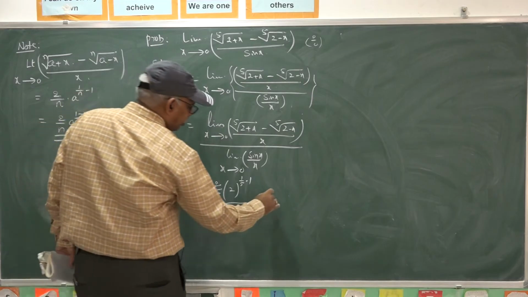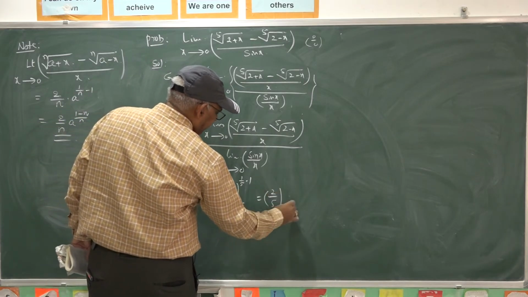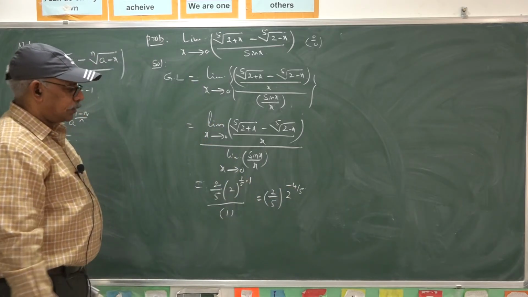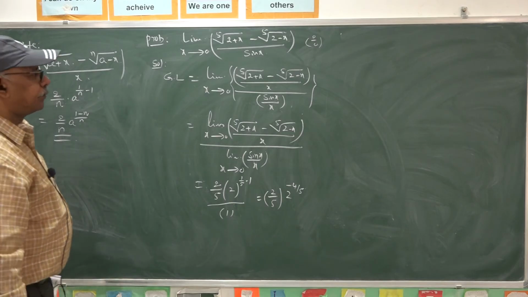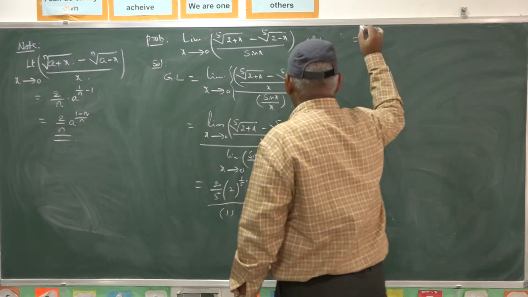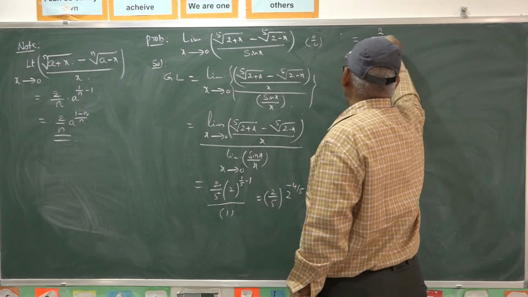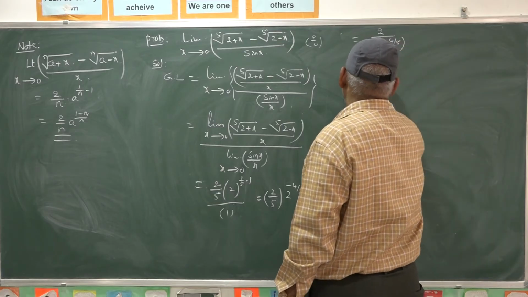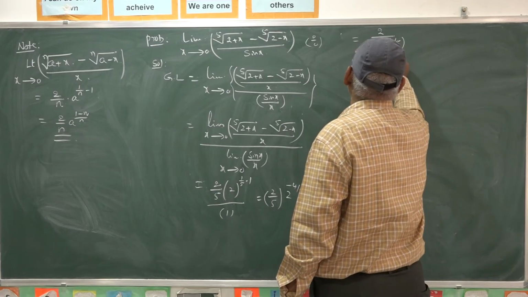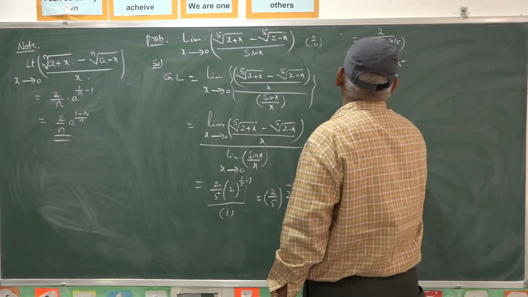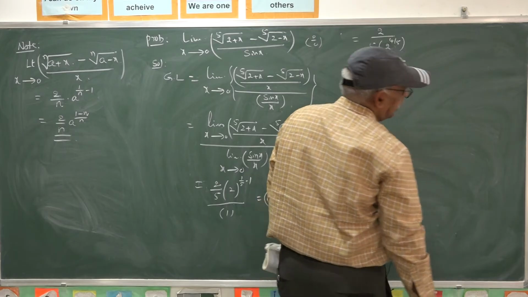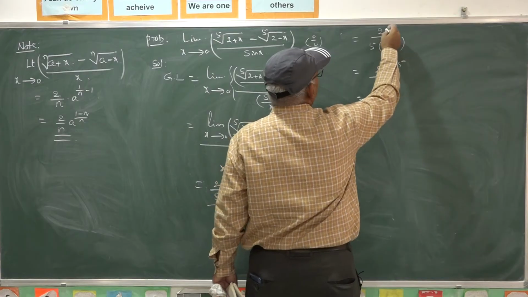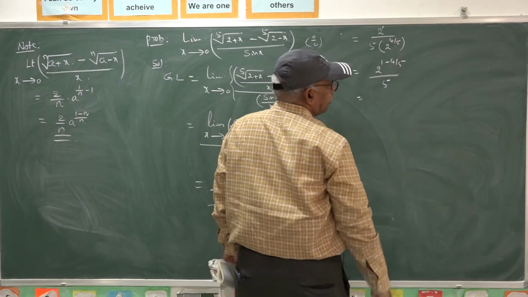Hence, this is 2 by 5 into 2 power minus 4 by 5, because 1 by 5 minus 1 gives us minus 4 by 5. So, the required limit is 2 by 5 into 2 power minus 4 by 5, which is 2 power 1 minus 4 by 5 in the numerator, as the bases are the same and we collect the powers.